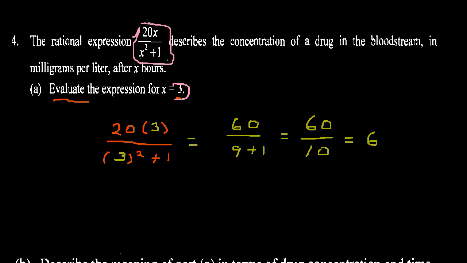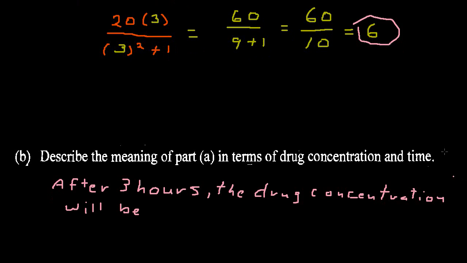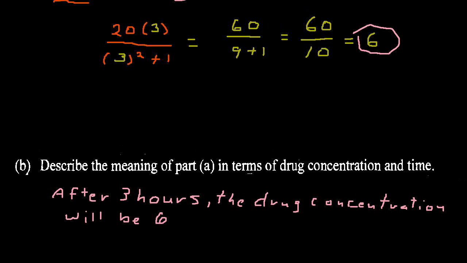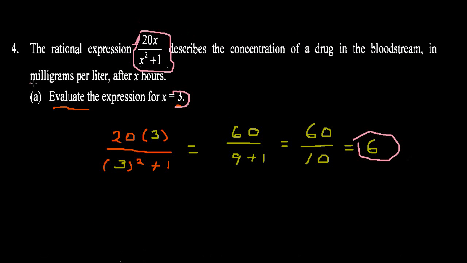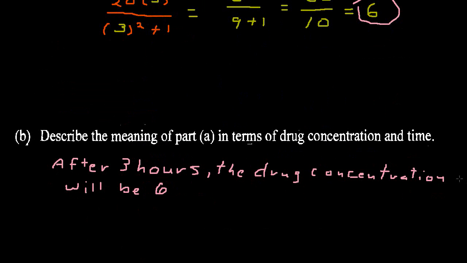And what did we find that the rational expression was equal to after 3 hours? 6. Okay, so now down here I say that the drug concentration will be 6, and then I just need to check for my units, and my units were in milligrams per liter. Milligrams per liter.